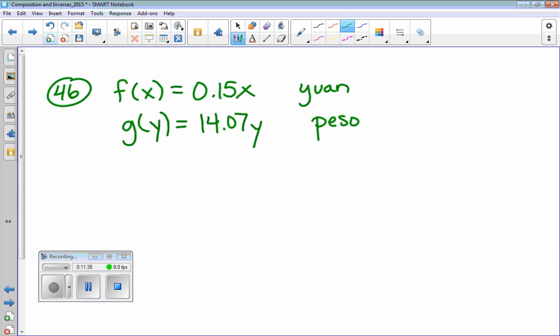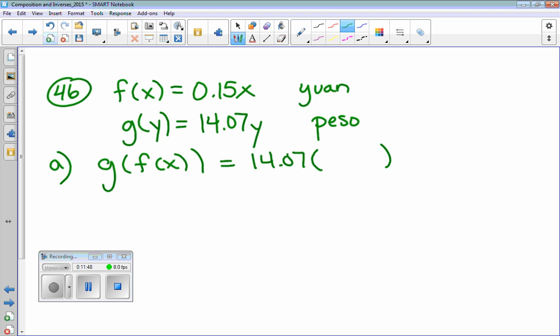And that's just going to be g of f of x for part A. We're going to compose one with the other. So I'm going to take g, my outer layer, 14.07. Rather than y, I'm going to put parentheses. What goes inside the y is f of x, so I'm going to have 0.15x.